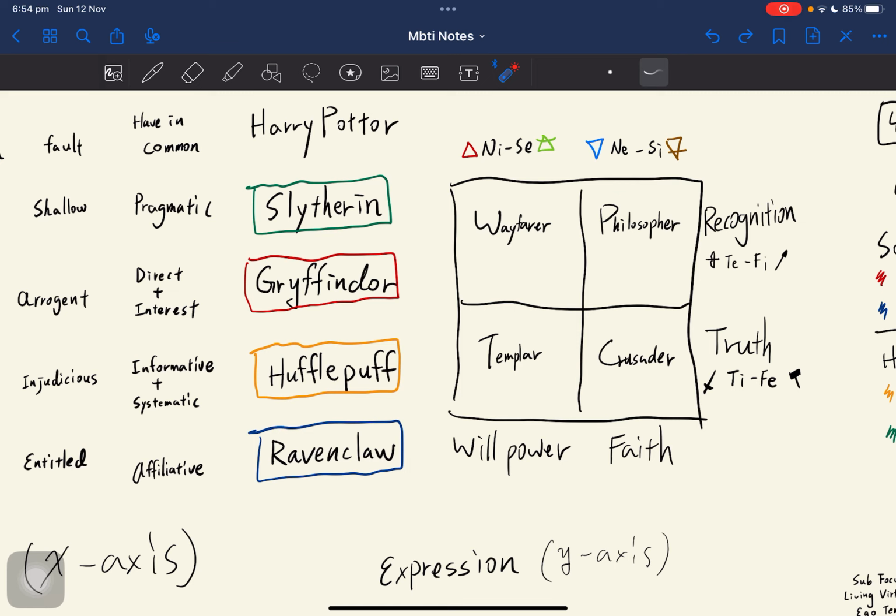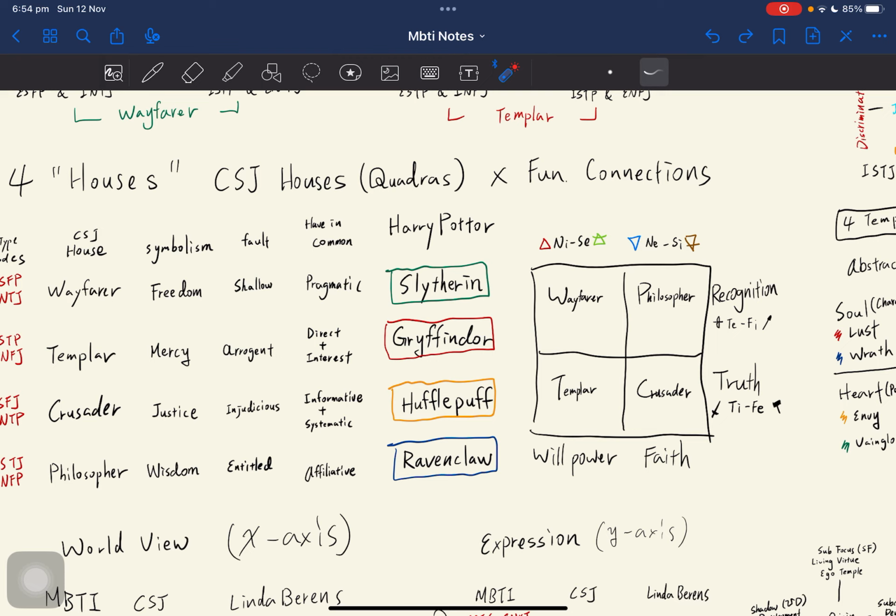And lastly, you have the T and FI. So T is about, what other people think, how other people see me, how they are recognizing me, and how do I feel about what they see. So yeah. So that's why this is recognition, and this is the truth, and this is faith, and this is willpower.